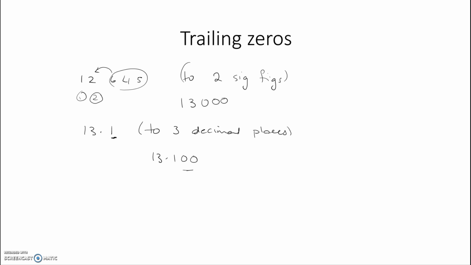So these zeros and these zeros are referred to as trailing zeros. They're zeros we have to put in to kind of make it right.